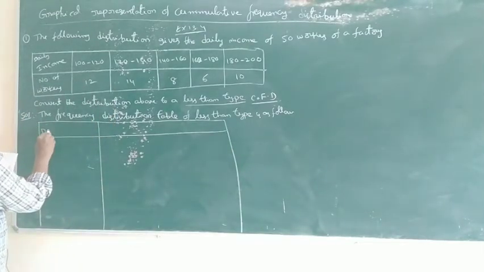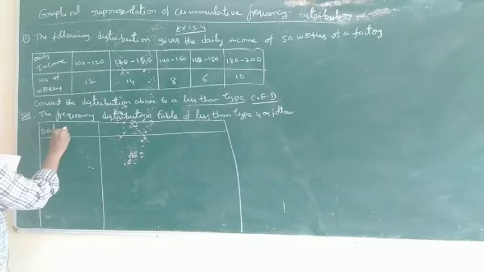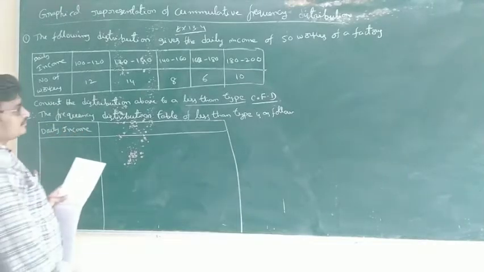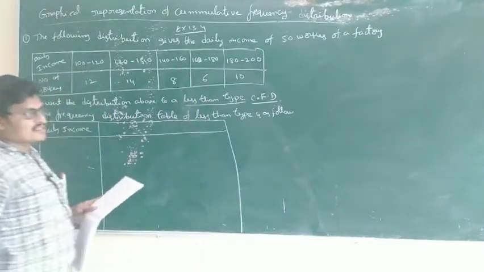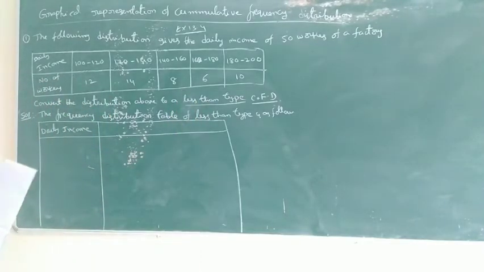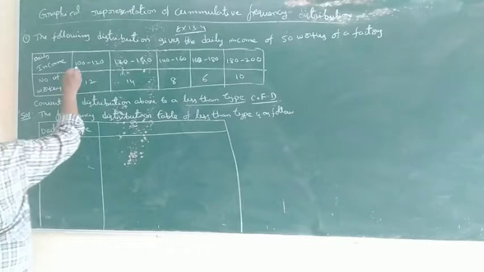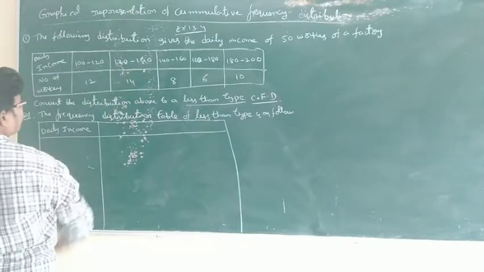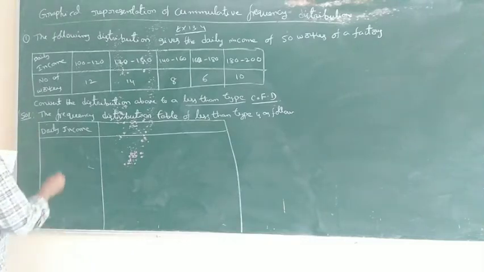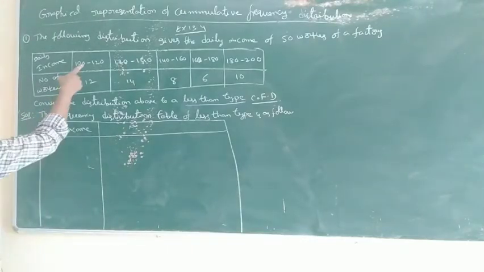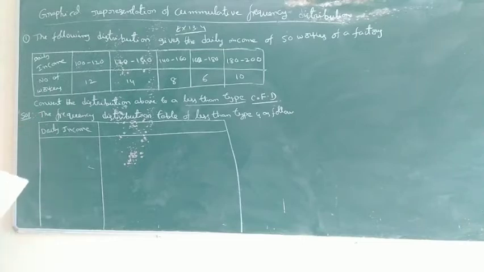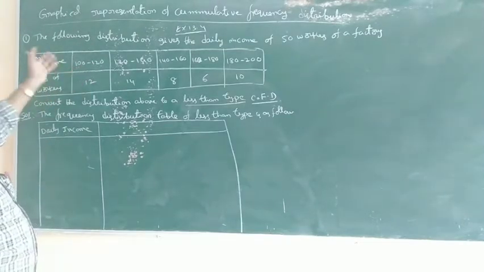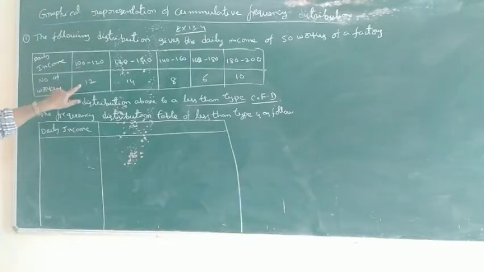Daily income: less than type, from the lower limit to the upper limit. Less than 120; there is no less than 100, but less than 120 is there.